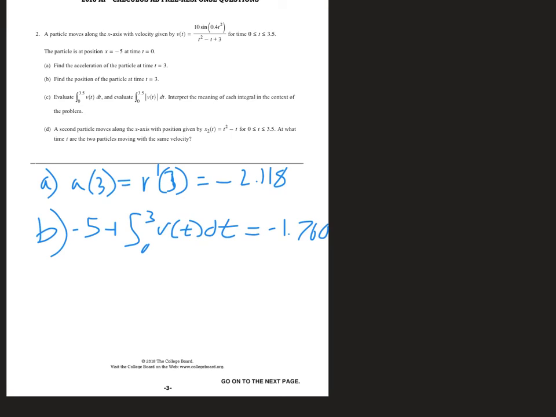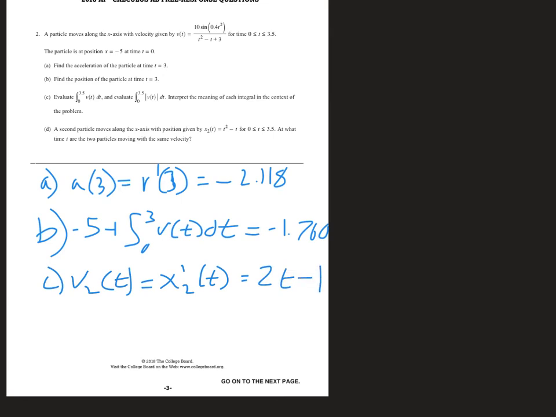For the first particle, they gave us the velocity. That's the function we've been working with. But for the second one, they gave us the position. So we've got to figure out what's the velocity function based on that position function. So I'm going to call it v2 of t, which is just the derivative of the position, x2 prime of t, which is 2t minus 1.